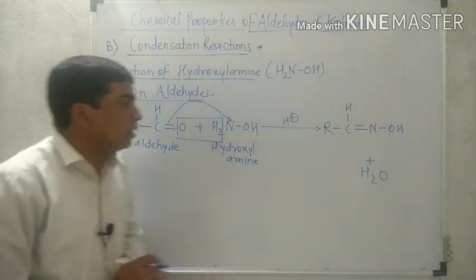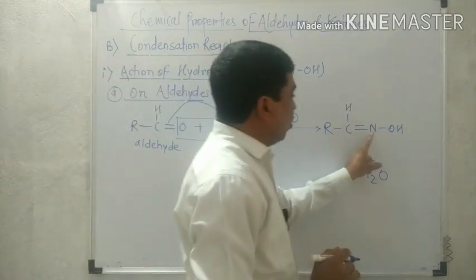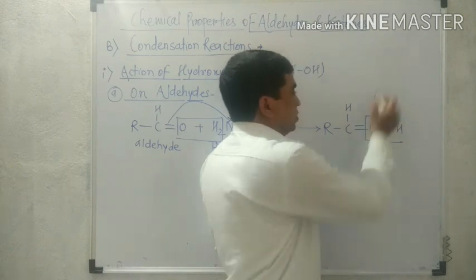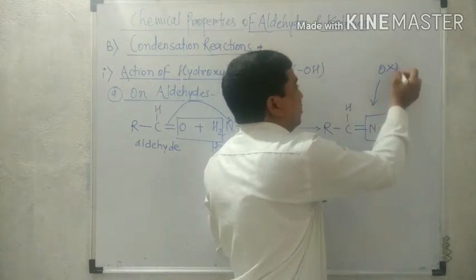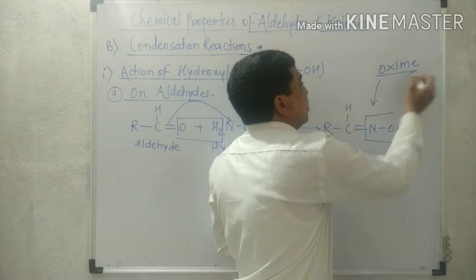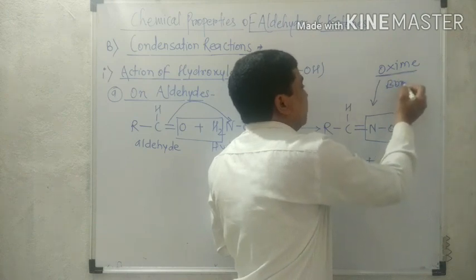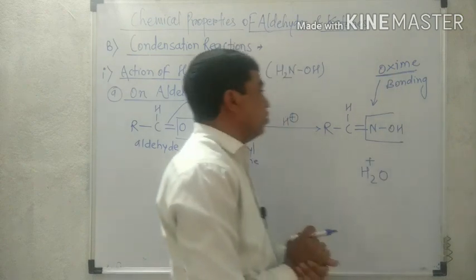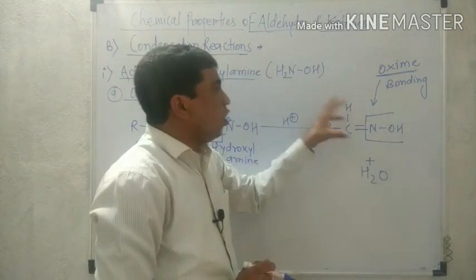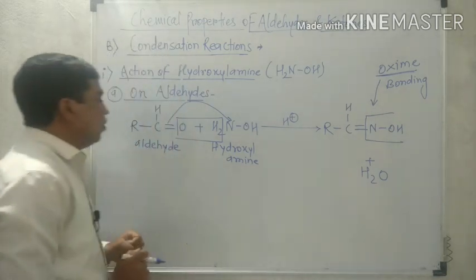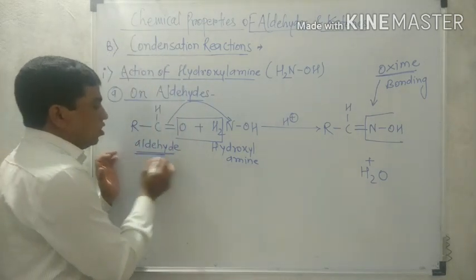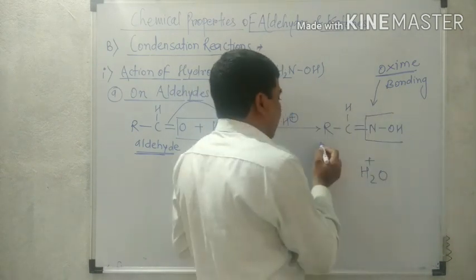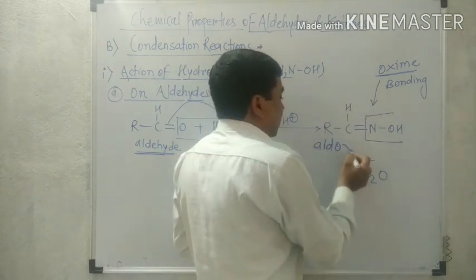The compound obtained contains the C=N-OH bonding. This bonding is always called oxime bonding, present in oxime compounds. This is the oxime obtained from the reaction of aldehyde, so aldehyde oxime, in short aldoxime.